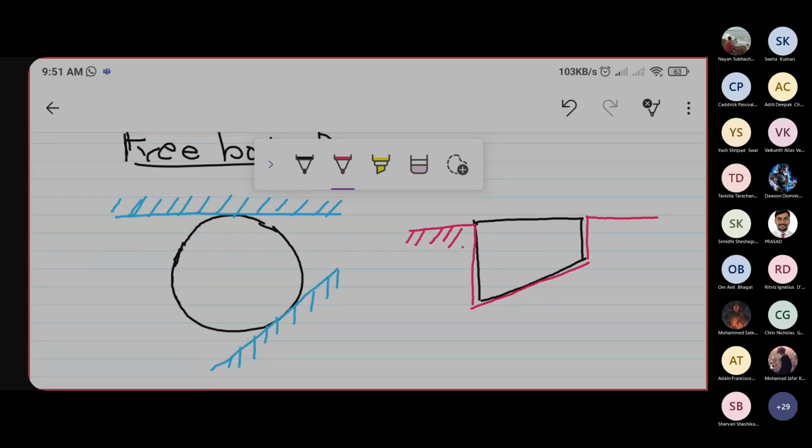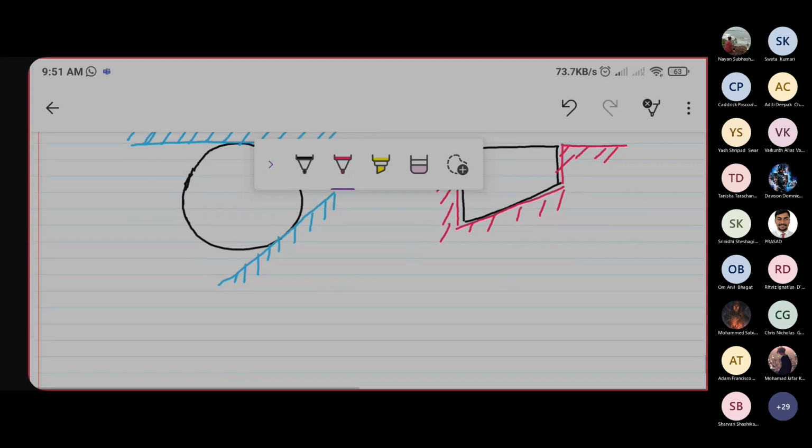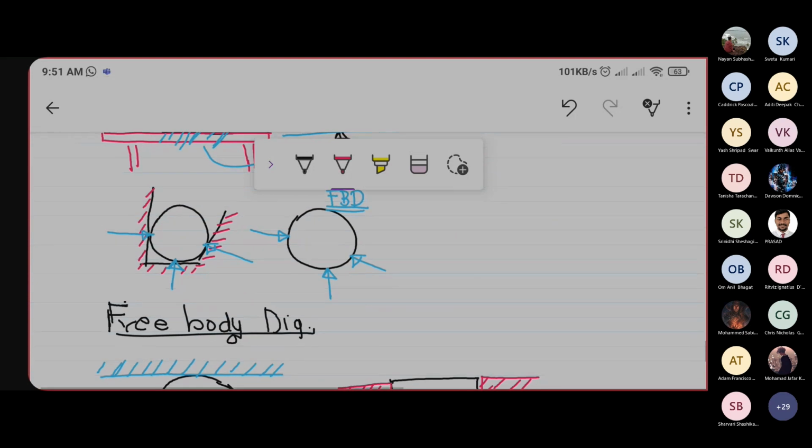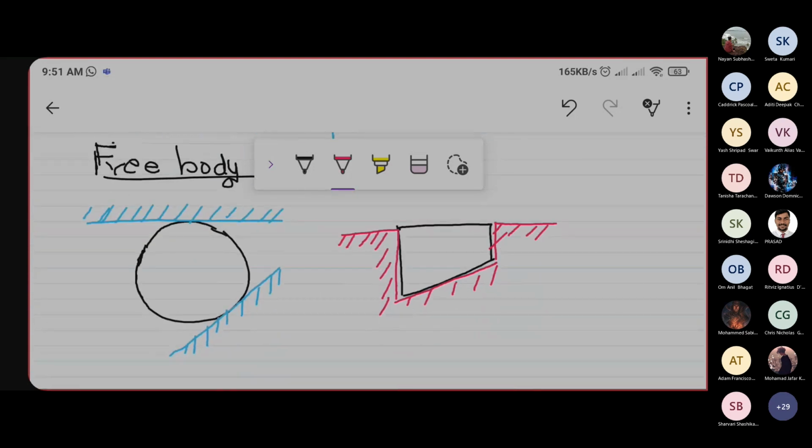Everyone, please draw the free body diagram of these two problems. Simple. It is like 10-second work.